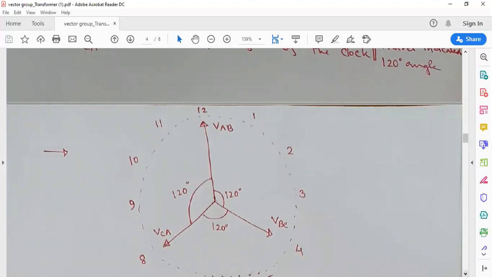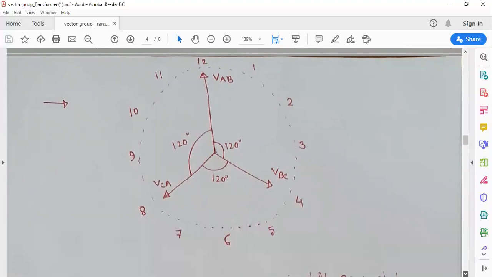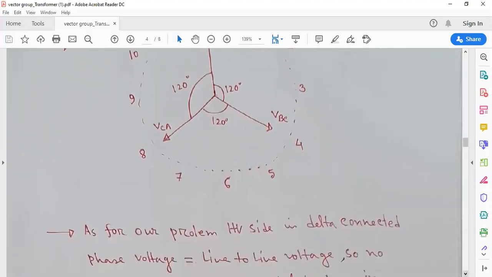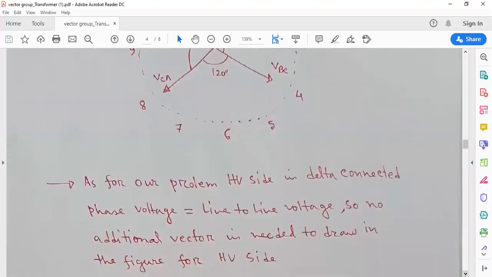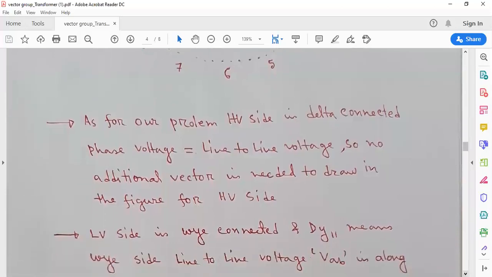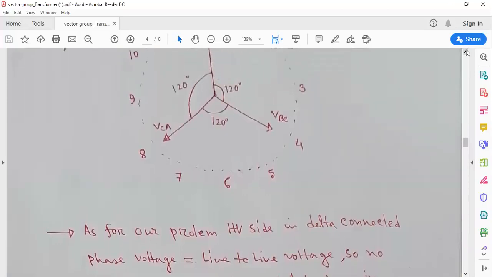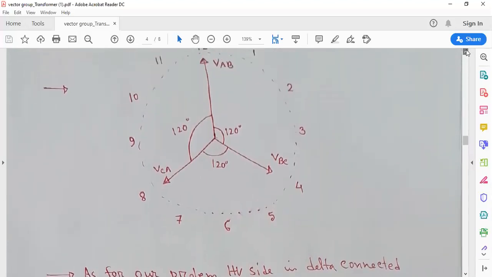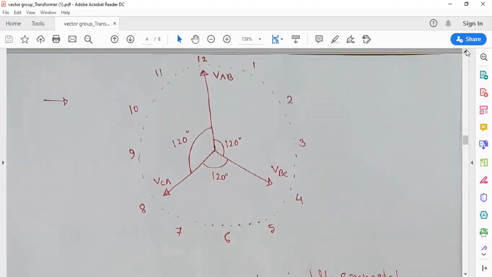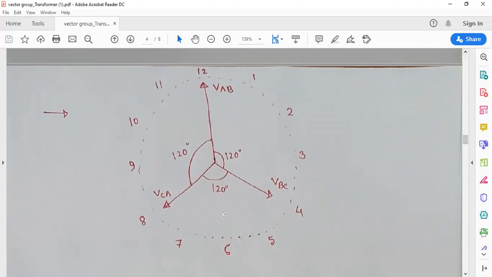Okay, now we have to do the phase voltages. Like we have discussed before, we have to draw all the phase voltages, all the line voltages of the primary and secondary side in the vector diagram. Then we will complete the vector diagram and we will be able to draw the winding connections.